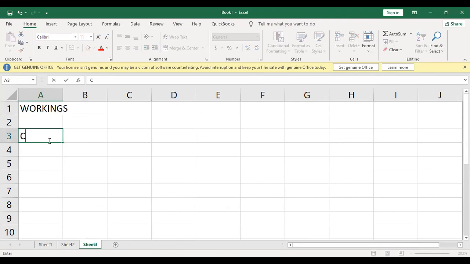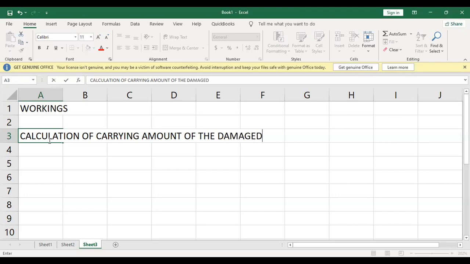So this is a calculation of the carrying amount of the damaged engine, because it is from this carrying amount that we're going to take for the statement of financial position, and also extract our depreciation, which is a cost, at 1st October 2018.